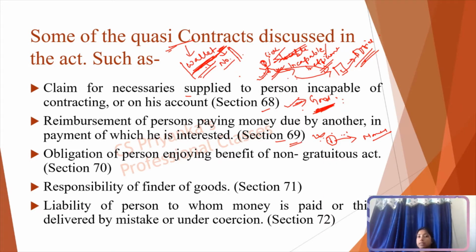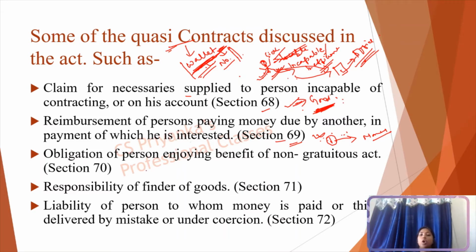So 68 is about any necessary goods or supplies. If I am sick, I will send my sister or my friend to collect them on my behalf; that is situation 68. 69 is reimbursement of money.